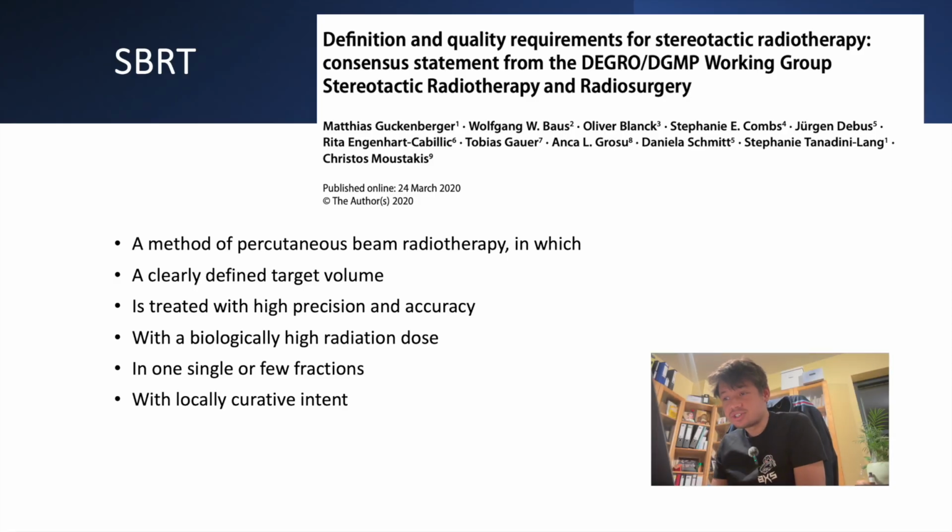So even though there's no strict universal definition for SBRT, there have been several attempts to describe it. One interesting example comes from this consensus statement, which gives a structured definition of what SBRT should include.